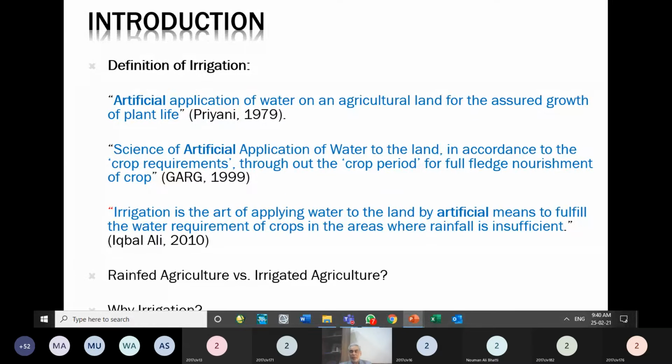Bulk of Pakistan, two-thirds or more, has precipitation less than 400 millimeter per annum. Artificial application of water becomes necessary, and that is irrigation. So if somebody asks you the importance of irrigation, why we need irrigation, you should be able to answer in this way.